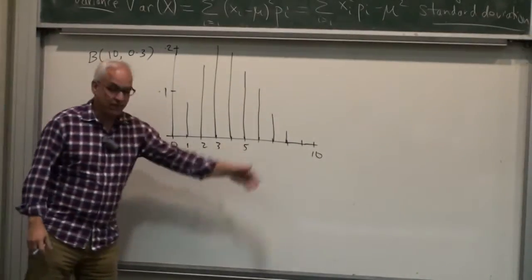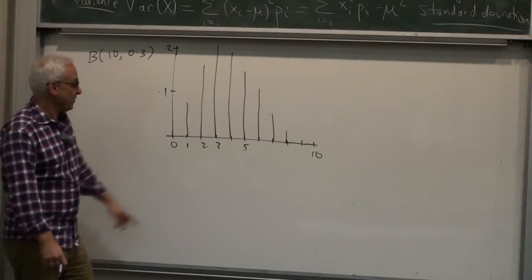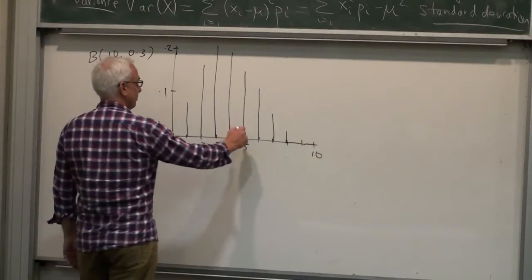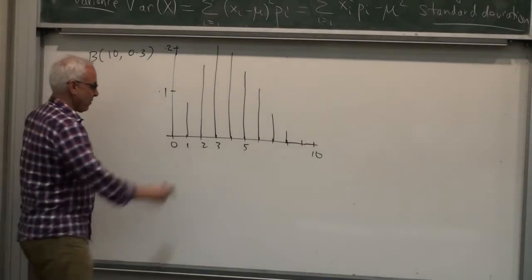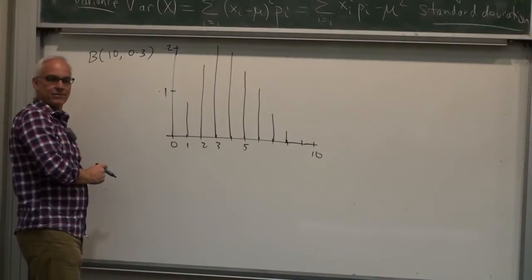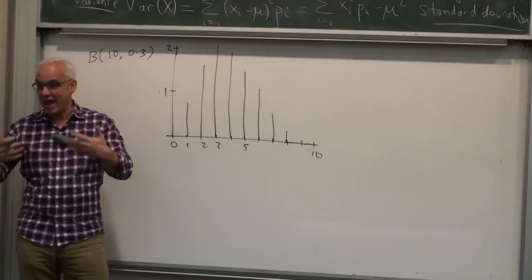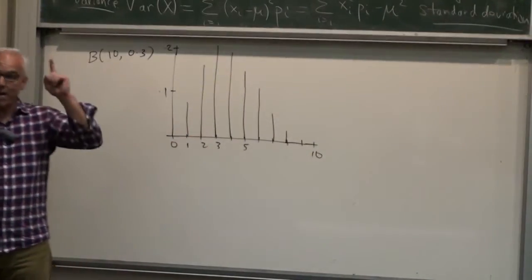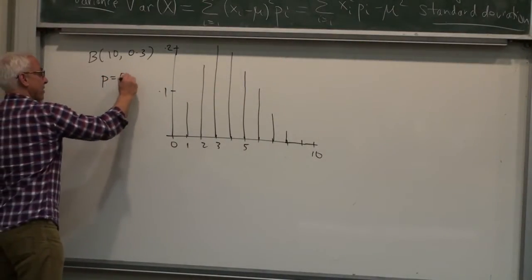Then what this is saying is that if you play 10 matches, the probability that you win 5 matches is, well, 0.16. The probability that you win 2 matches is 0.17. So these numbers then tell you what the probability that you're going to win k matches out of 10 in this case, given that your probability of winning 1 match is 0.3. So this is P equals 0.3.